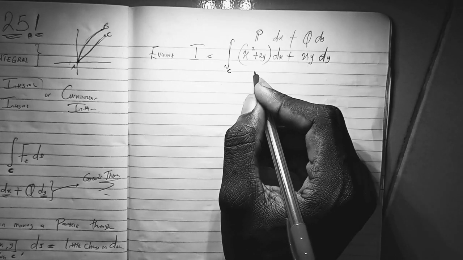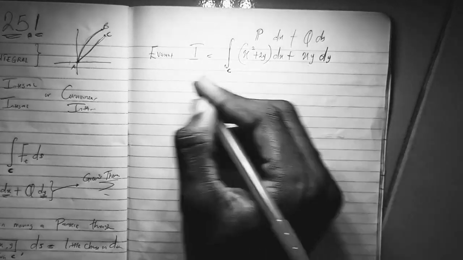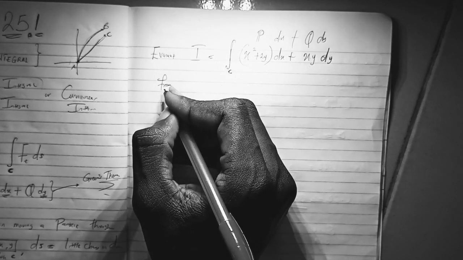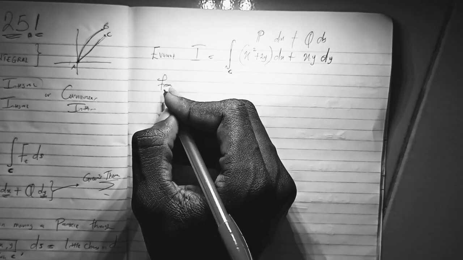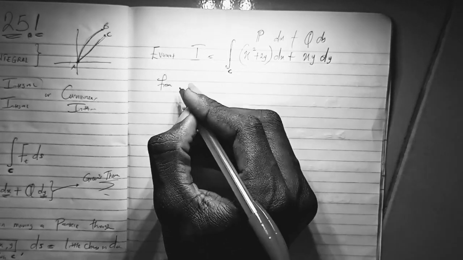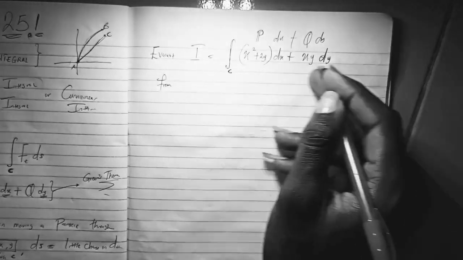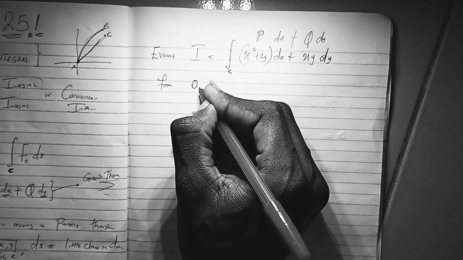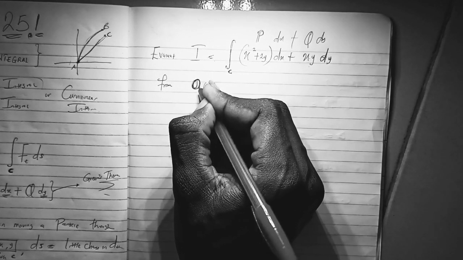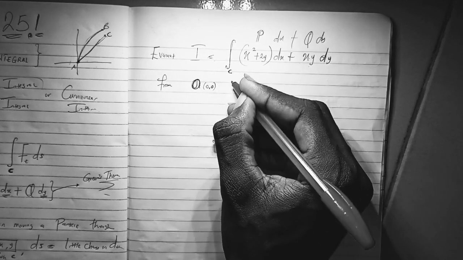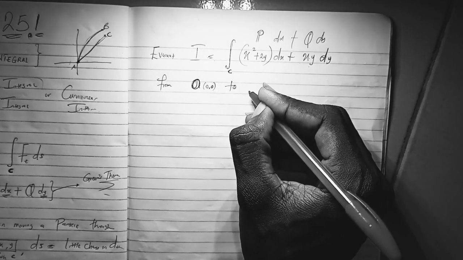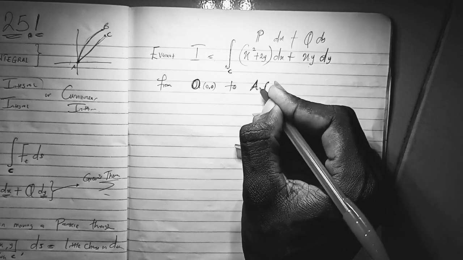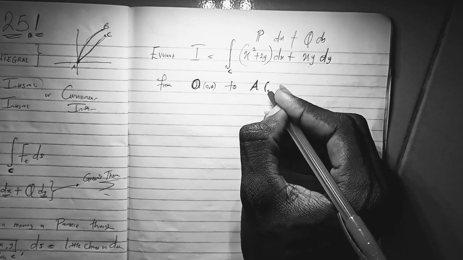So in this case, we are asked to evaluate this integral, which is always along a path, where you want to move a particular particle from one point to another. Here, you are trying to move this particular expression from the center O, which is at the origin (0, 0), to a particular point, let's say point A. When you have a point on a plane, you should have the x coordinate and the y coordinate.